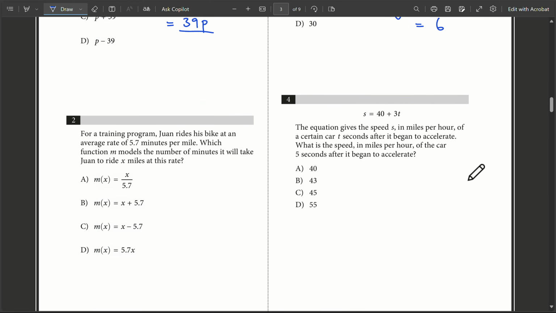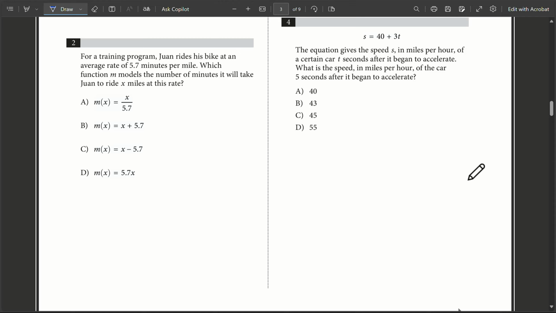Number 2, for a training program, Juan rides his bike at an average rate of 5.7 minutes per mile. Which function M models the number of minutes it will take Juan to ride X miles at this rate? All right, so we have the rate of 5.7 minutes per mile.